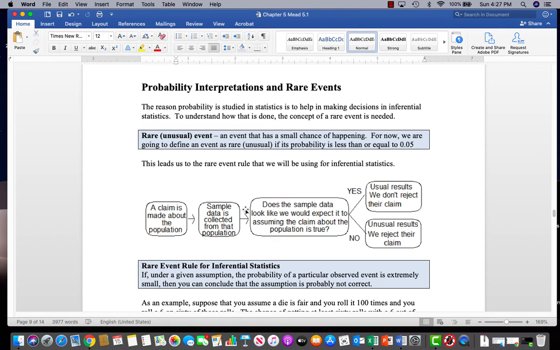If it does seem to be reasonable, then that's usual and we don't reject their claim. However, if the data seems really at odds with the claim, in other words, the data would be very unusual to obtain, then we say, yeah, maybe that claim isn't right. And then we go back and do further study.